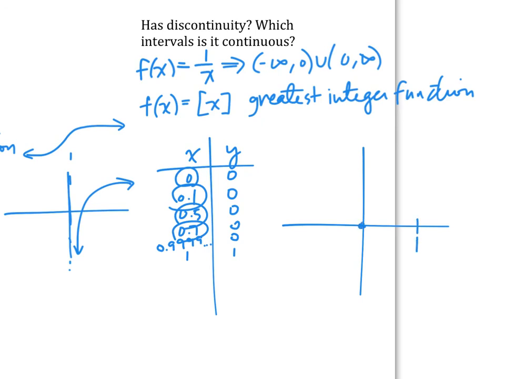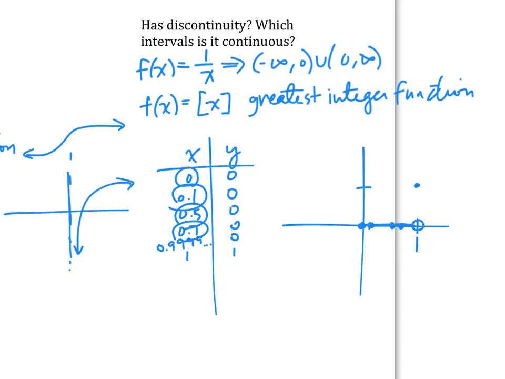At 0, it is just 0. 0.1 is still 0, 0.5 is still 0, 0.7 is 0, 0.99999 is still 0 until you get to 1. Then you become 1. Here we put an open circle because no matter what x value you get to that is slightly smaller than 1, your actual y value is still 0.